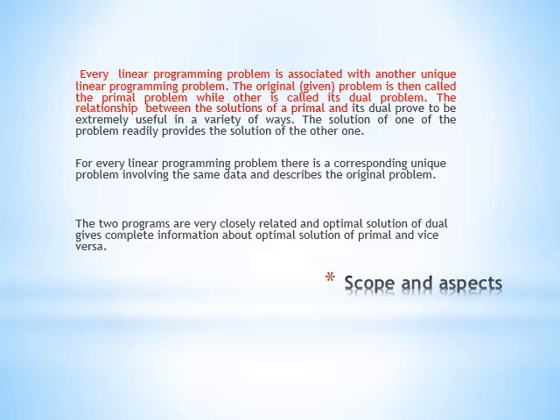On the other hand, the problem which is converted from the original one, which is known as the dual problem. The relationship between the solution of a primal and its dual proves to be extremely useful in a variety of ways.